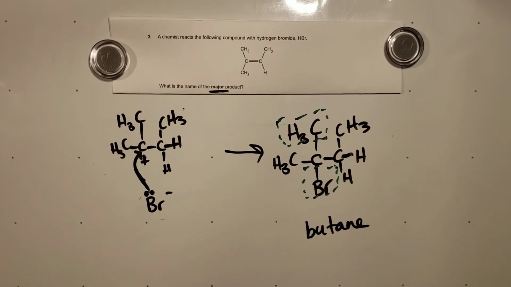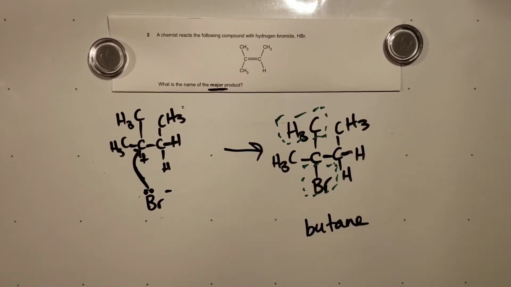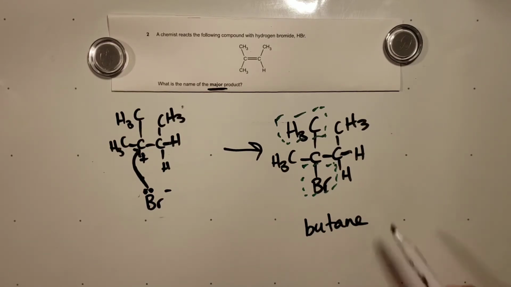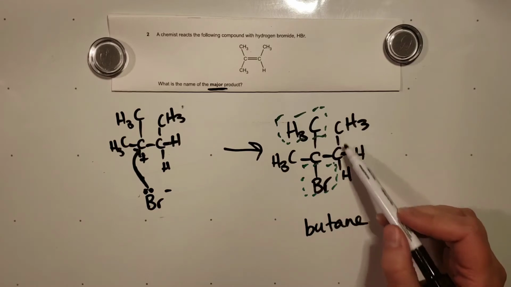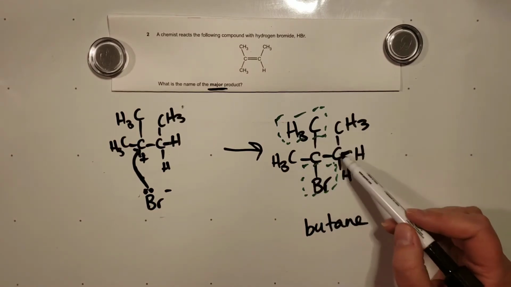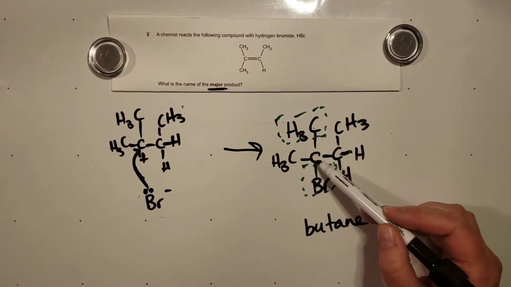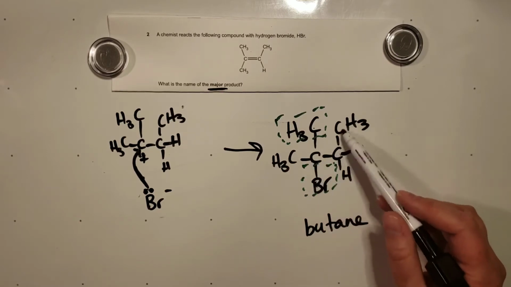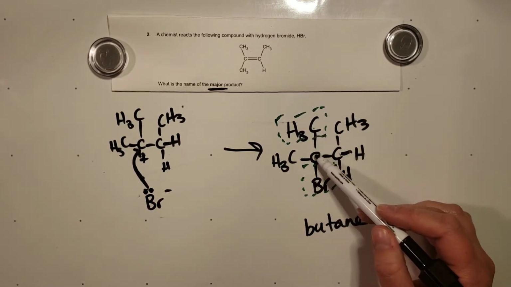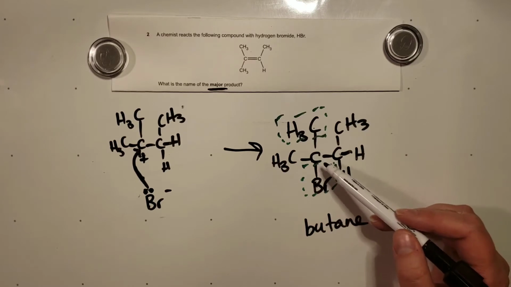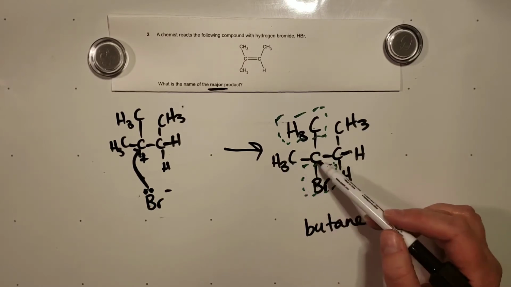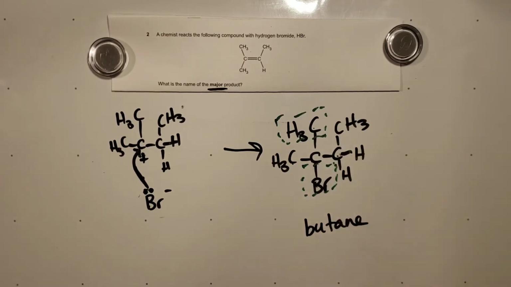Now naming these, you always want to make sure that what is coming off your main chain is named on the lowest possible carbon. So we could name it 1, 2, 3, 4, where these would be coming off the third carbon, or 1, 2, 3, 4, where both of these are coming off the second carbon, and 2 is smaller than 3, so we're going to name it 1, 2, 3, 4.